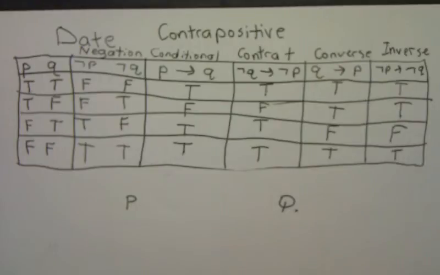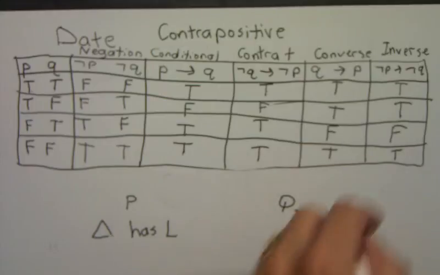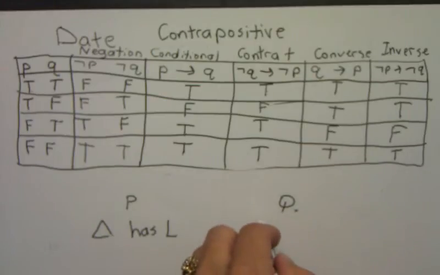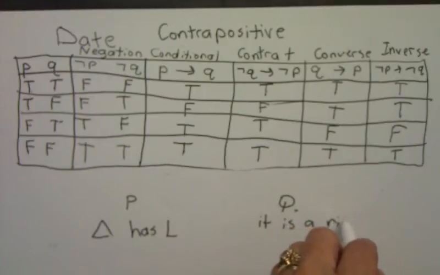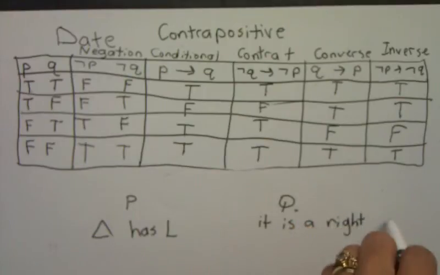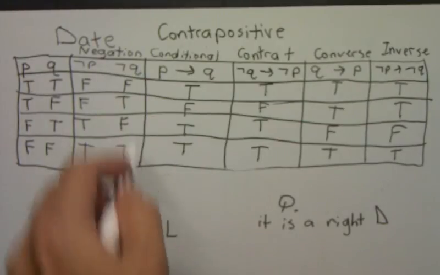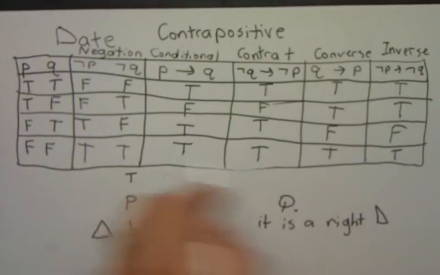All right, let's see how we did. We said a triangle has a right angle, then it is a right triangle. Does the triangle have a right angle? Yes, it does. That's true.